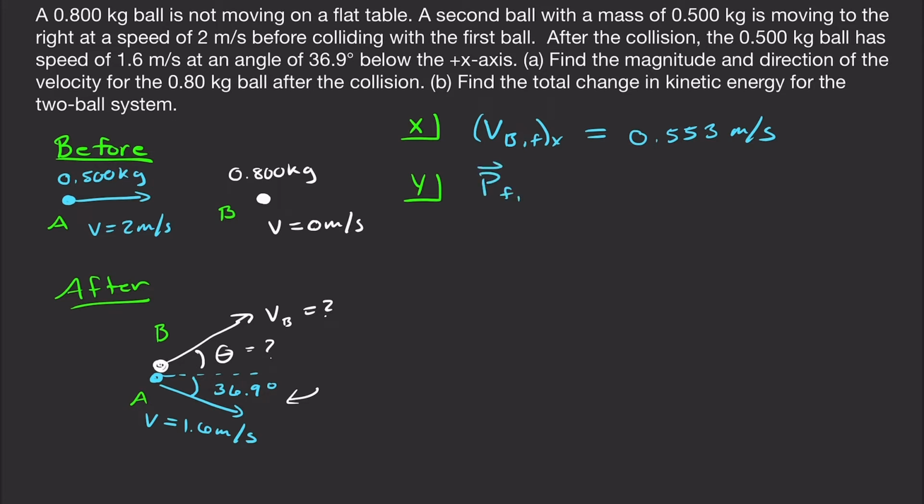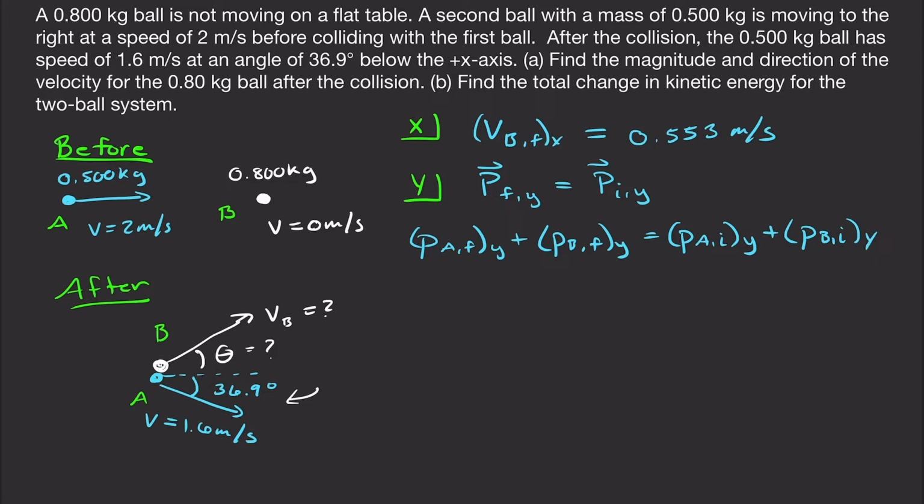So we have p final in the y direction is equal to p initial in the y direction. So at the end, we have p of A final in the y direction plus p of B final in the y direction is equal to pA initial in the y direction plus pB initial in the y direction.